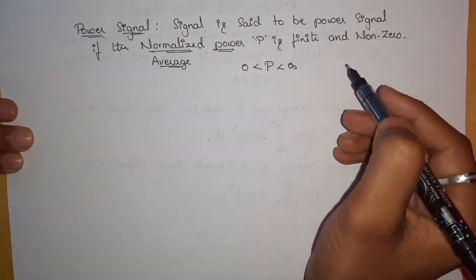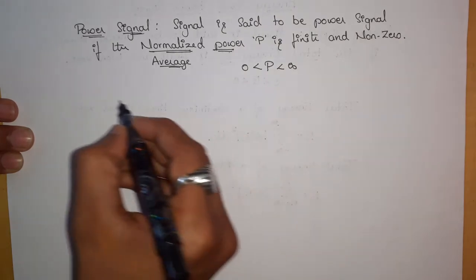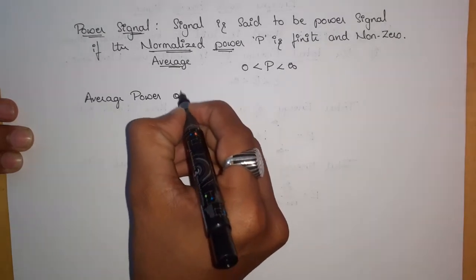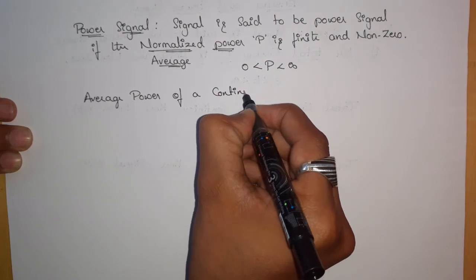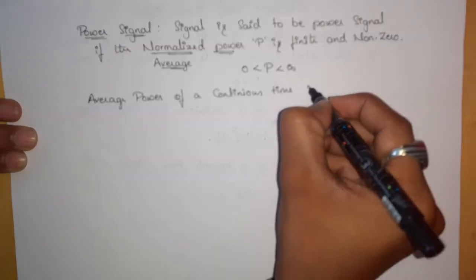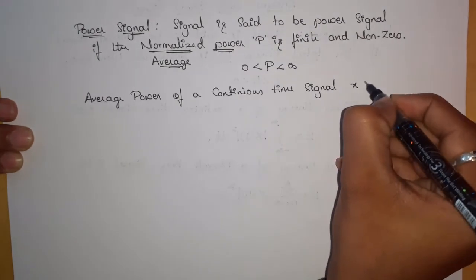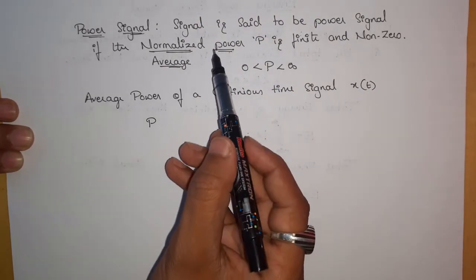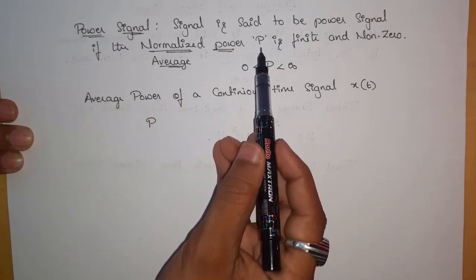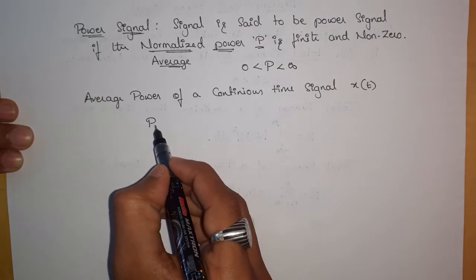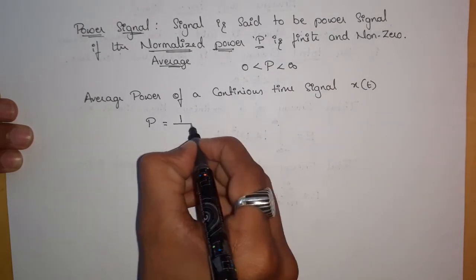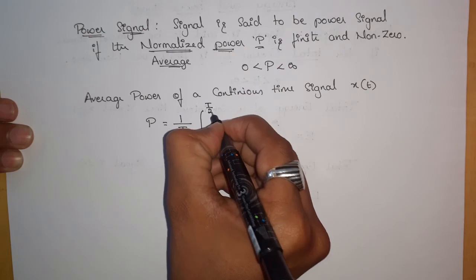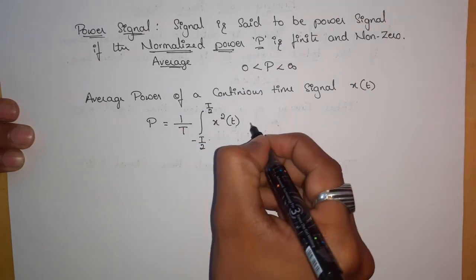If you want to represent the power signal mathematically, the average power of a continuous time signal x of t is denoted as capital P. Power signal is always represented by the notation P. So we mark it as capital P is equal to 1 by capital T integration from minus T by 2 to plus T by 2 of x square of t into dt.